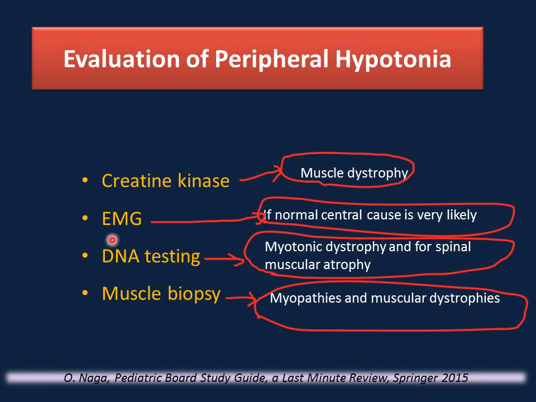If the EMG, or electromyogram, is normal, a central cause is very likely, not peripheral. DNA testing is beneficial in myotonic dystrophy and SMA, spinal muscular atrophy. Muscle biopsy is invasive, but it is beneficial in myopathies and muscular dystrophies.